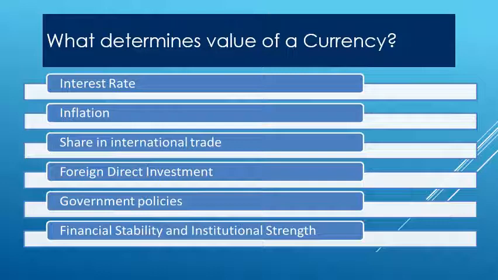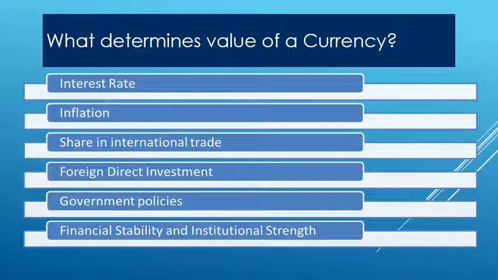So we have seen that the Chinese yuan or Chinese renminbi has been very stable over a period of time, and has been depreciated by the PBOC in China, depending upon the requirement of the Chinese economy.